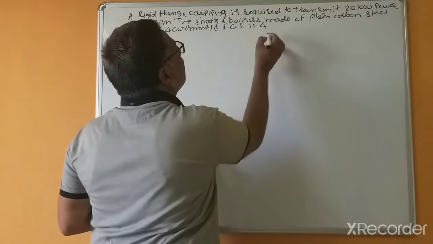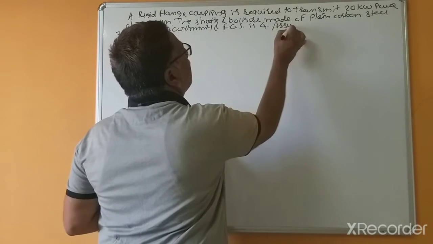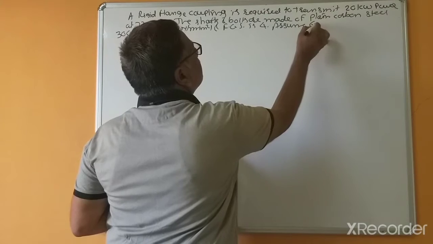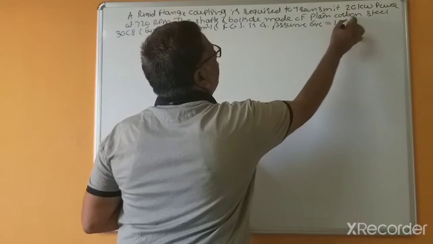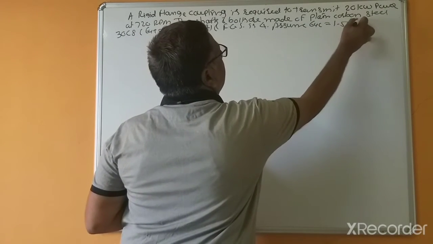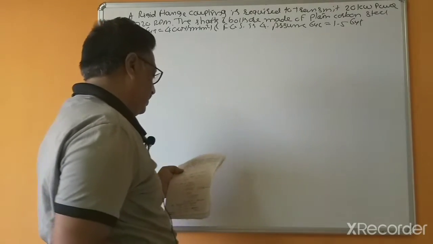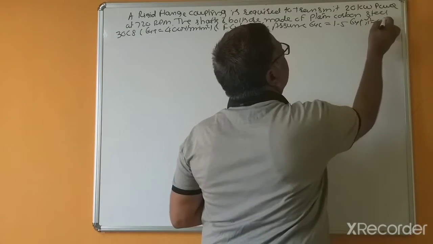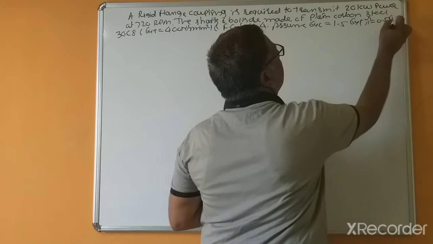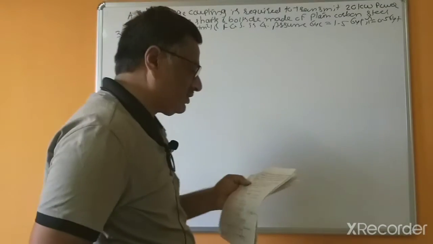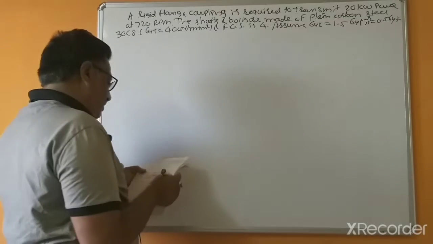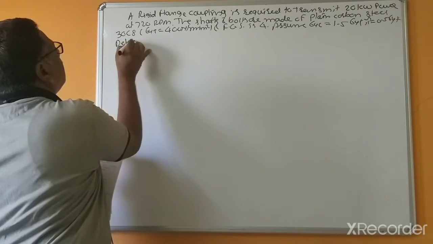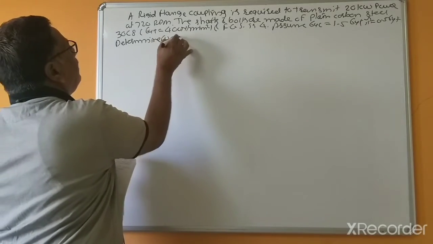Assume sigma YC equal to 1.5 sigma YT and tau equal to 0.5 sigma YT. These are the relations given. This is standard relations. Determine diameter of bolts.